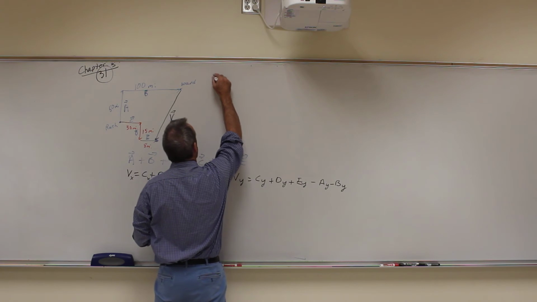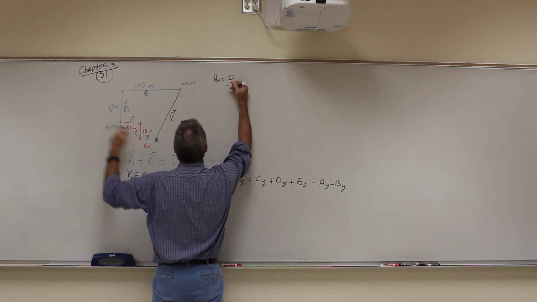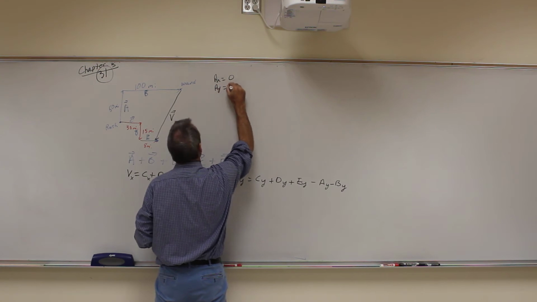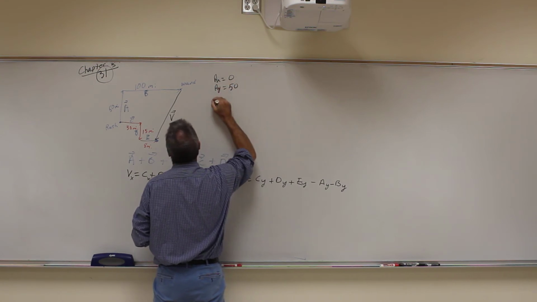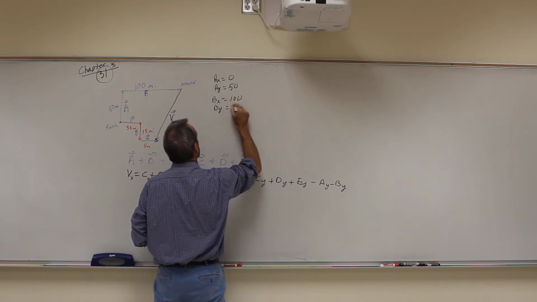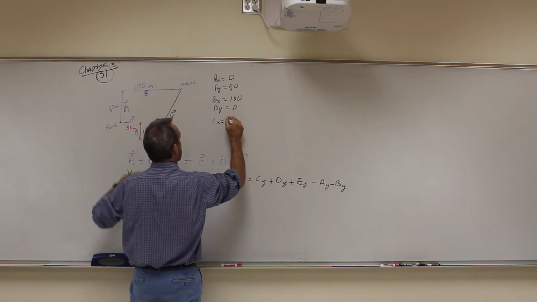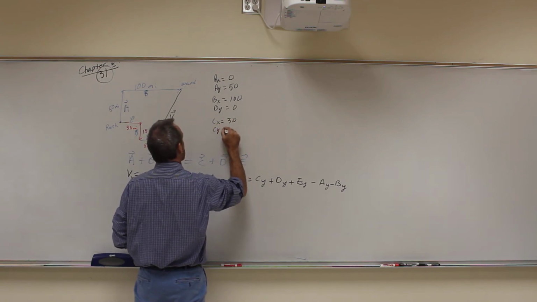For vector A, AX is equal to 0, because there's no X component, but AY is equal to 50. BX is equal to 100. BY is equal to 0. CX is equal to 30. CY is equal to 0.